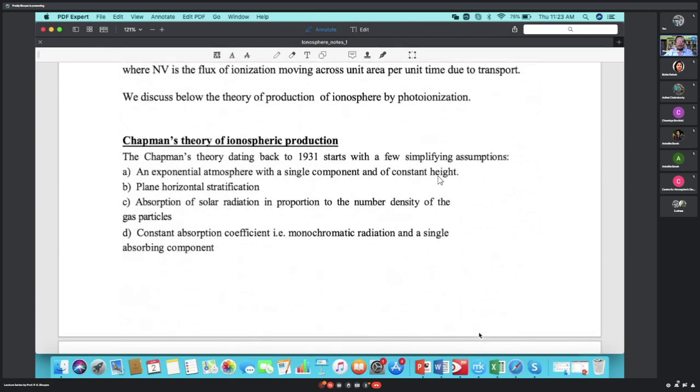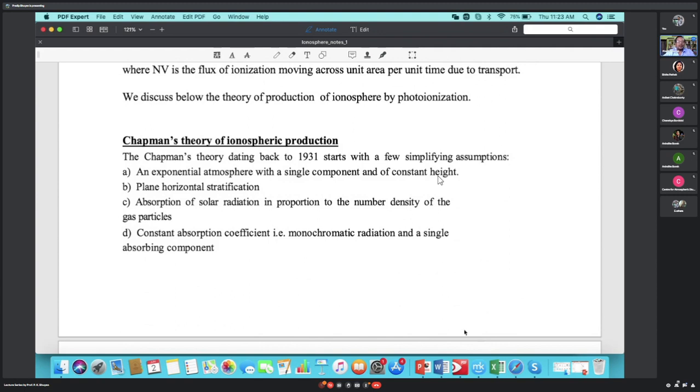So after all the activity of Breit and Tuve conclusively proving in 1925-26 that there is an ionized layer above the Earth's surface, Chapman also theorized that there should be a layer of ionization.